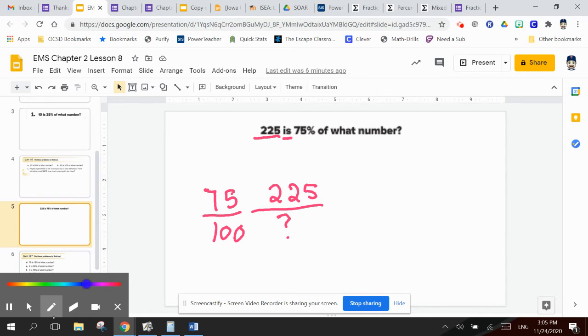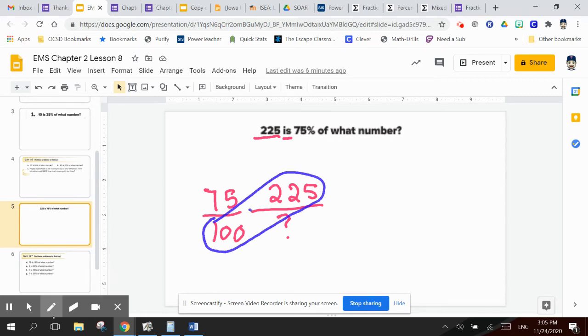I'm going to cross multiply, opposite denominator times the opposite numerator. 100 times 225 is 22,500. I'm going to divide that by the only number that I have left, which is 75. And when I do that, my answer is 300.